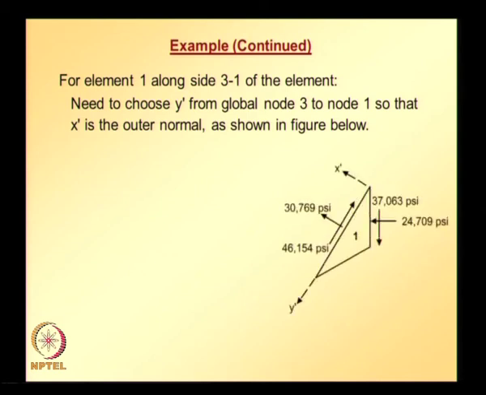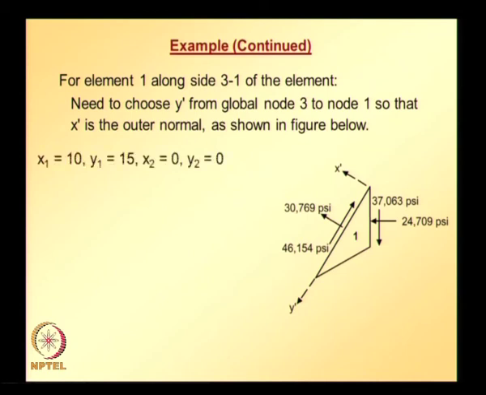This is element 1. Actually in this figure even the values are shown, but how to calculate those values will be shown shortly. So just ignore those values for a while and concentrate only on the figure without those values. We need to choose y prime from global node 3 to global node 1, so that x prime is outer normal as shown in figure.